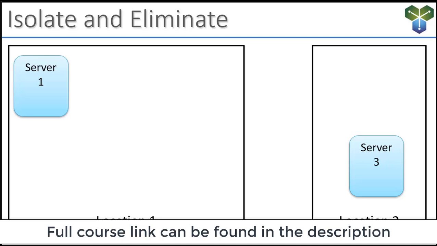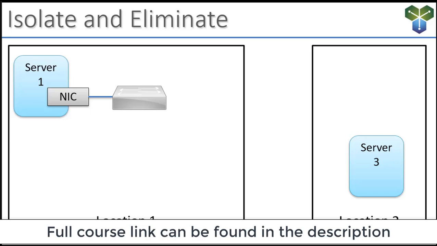The first thing I'm going to do is see, hey, is my connection to my switch okay? Am I able to communicate to anything, or is the problem strictly that I can't communicate with server 3? I'm going to make sure that my physical network connection is good. I'm going to make sure that my switch port shows a status of connected. I'm going to make sure I'm connected to the right VLAN. I'm going to check all of those settings in the switch.